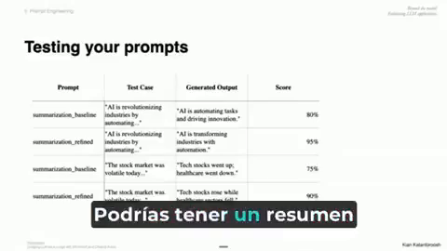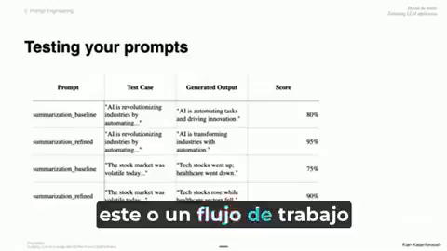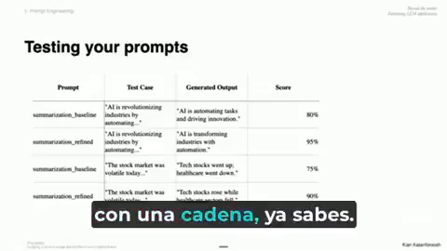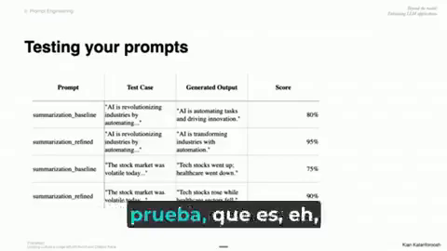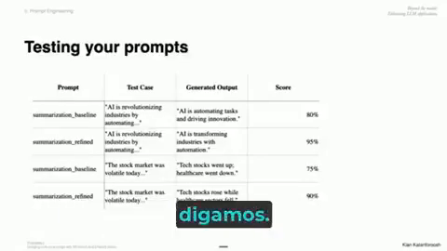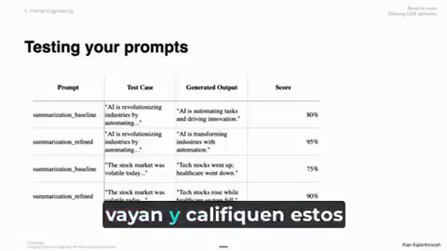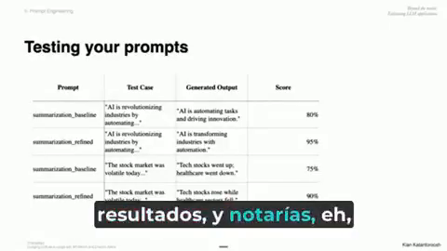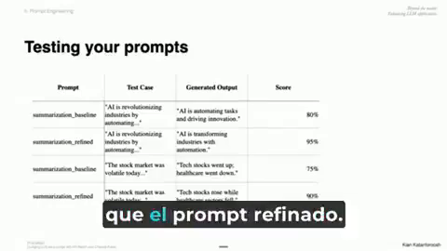You might have a refined summarization, which is a modified prompt of this, or a workflow with a chain, and then you have your test case, which is the inputs that you want to summarize, let's say, and then you have the generated outputs, and you can have humans go and rate these outputs, and you would notice that the baseline is better or worse than the refined prompt.